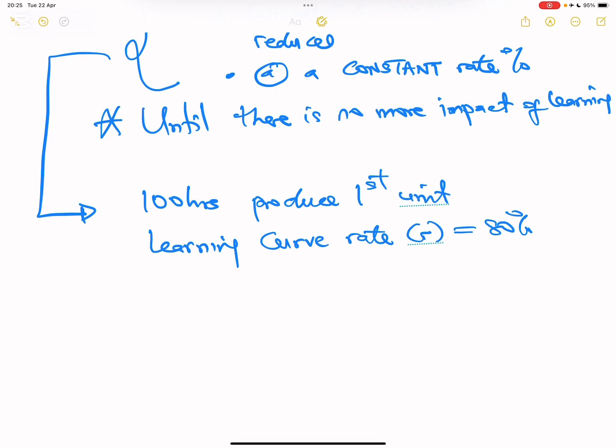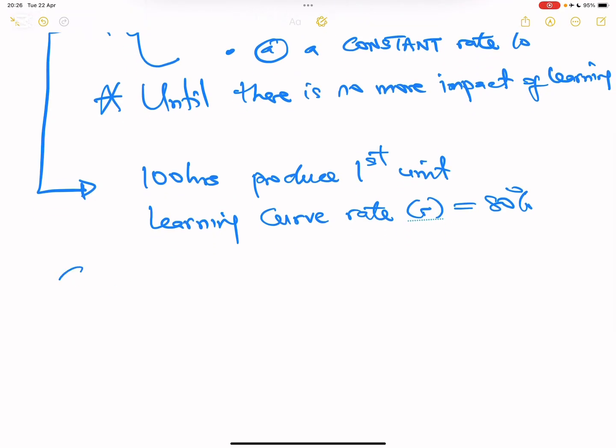So what does this mean for this general rule? With an 80% learning rate, and it's taking 100 hours to produce 1 unit, the very first unit, let's find out how long it's going to take to double this production output.